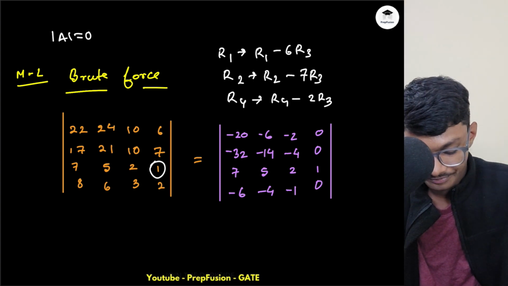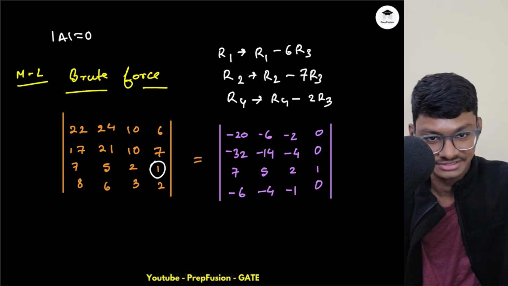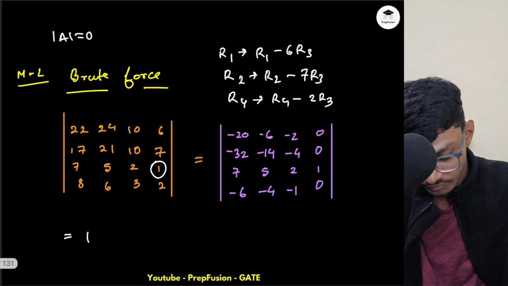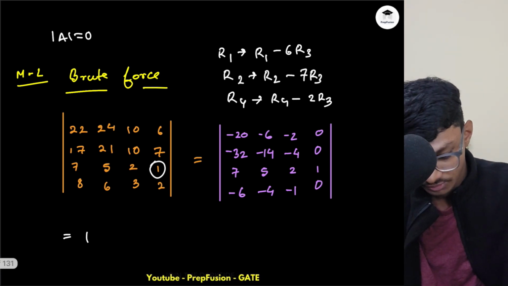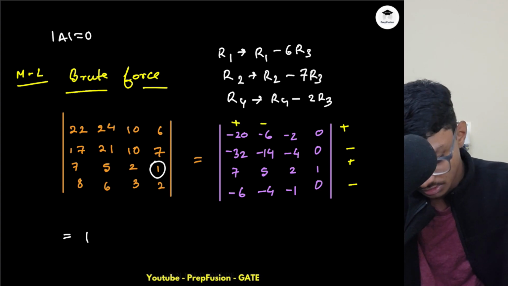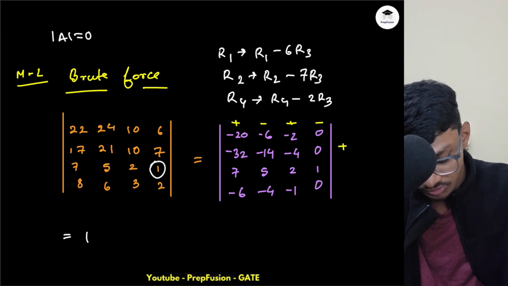Okay, can we observe any relationship over here? Yes, the relationship is everywhere. Let's break it down further. The sign pattern is plus, minus, plus, minus. Sorry, I was just about to make a mistake here.